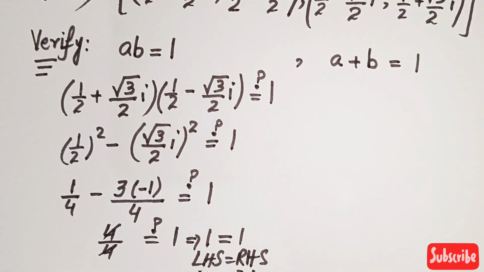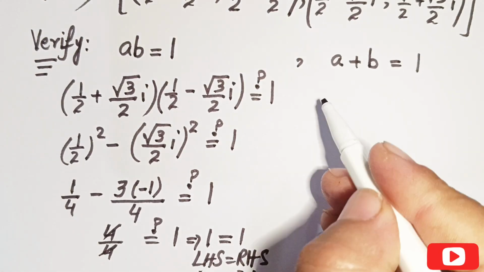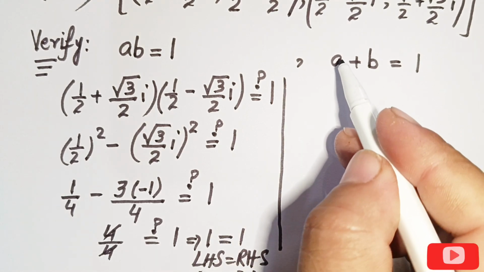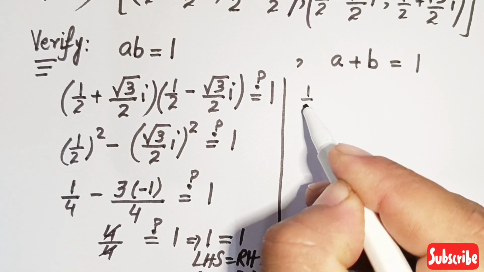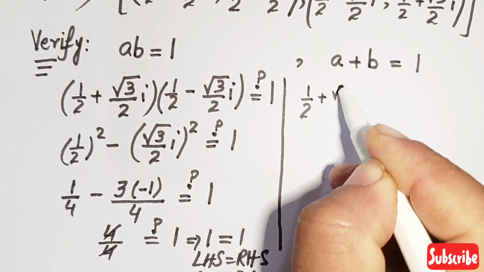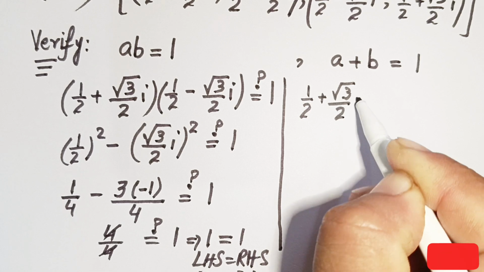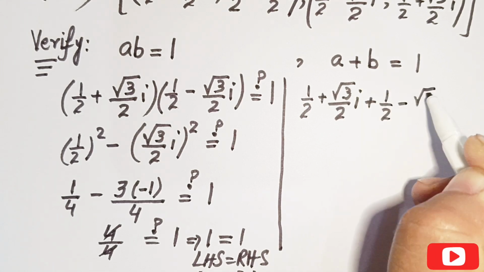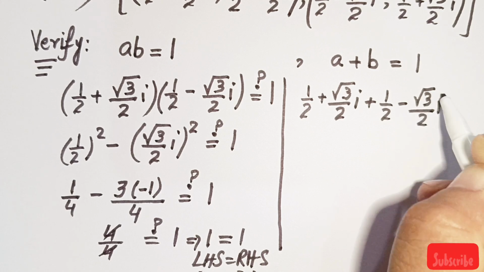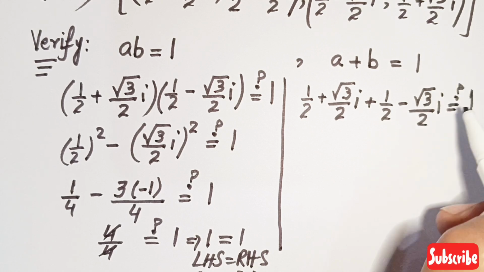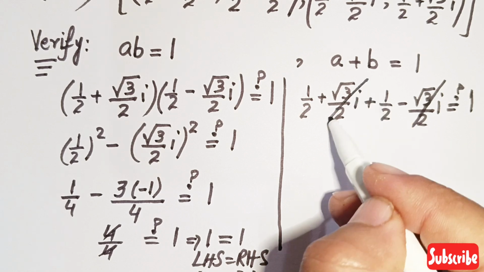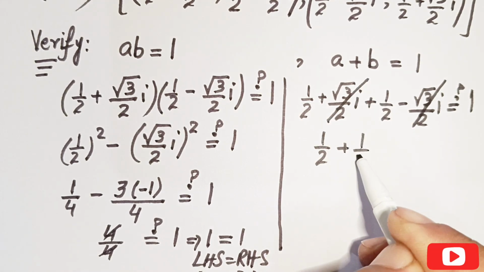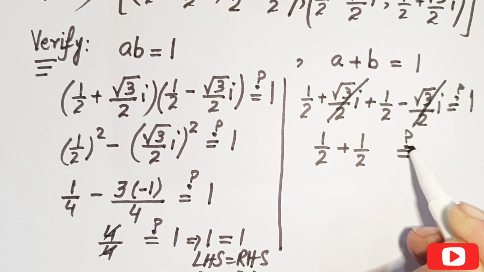Now solving equation 2. So here our second equation is a plus b is equal to 1. So using the first pair, we have 1 over 2, value of a, plus square root of 3 over 2 i, and plus value of b is 1 over 2 minus square root of 3 over 2 i, is it equal to 1. Now we see that this negative and positive term is cancelled, so 1 over 2 plus 1 over 2, is it equal to 1.